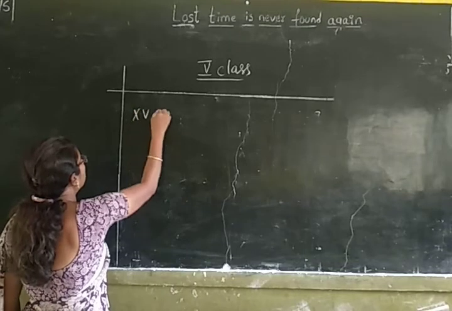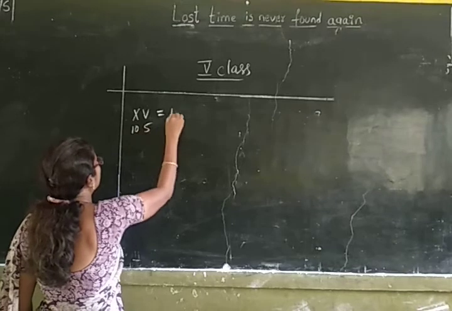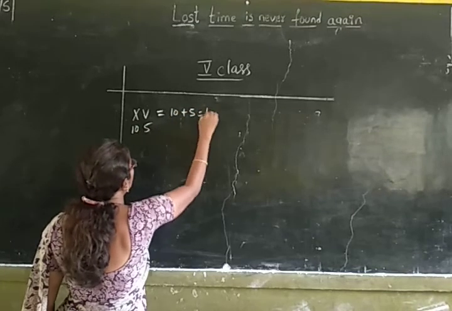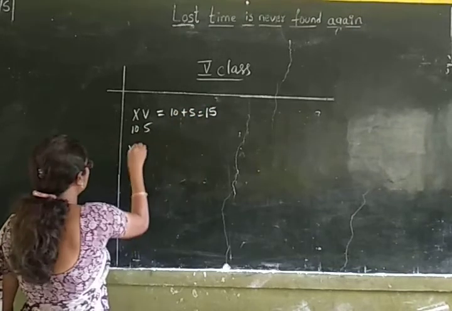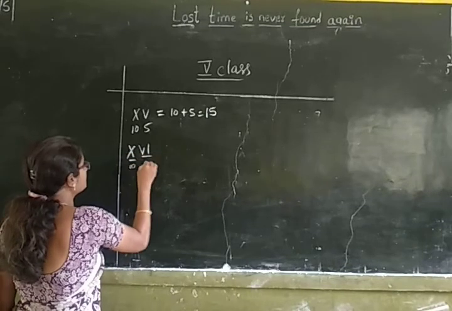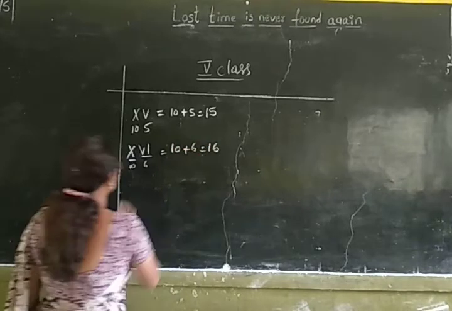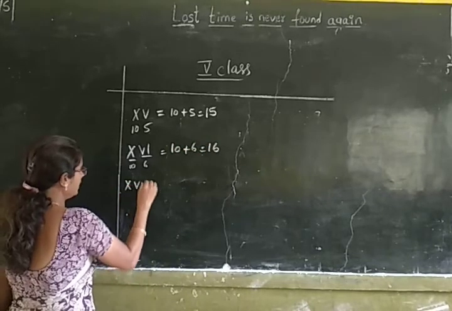Let us now write down 15. X means 10, V means 5. 10 plus 5 is equal to 15. Here X means 10, VI means 6. 10 plus 6 is equal to 16. Similarly, XVII.